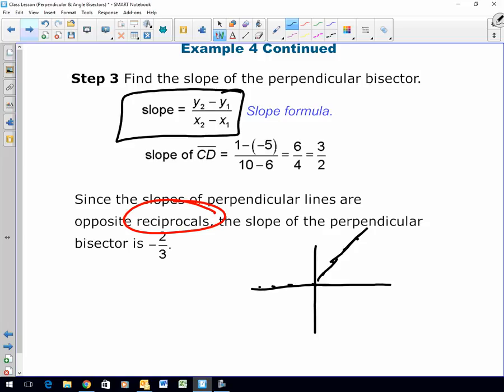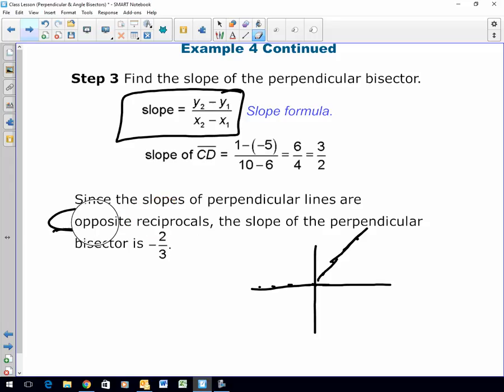But the opposite reciprocal slope would change everything from positive to negative. I would definitely make sure I have the opposite reciprocal for perpendicular lines.